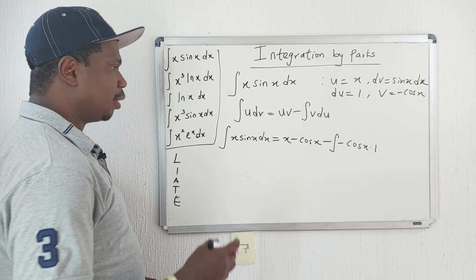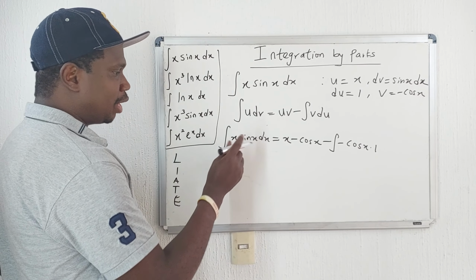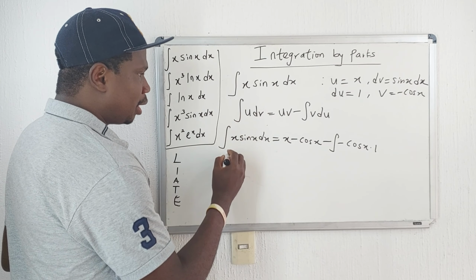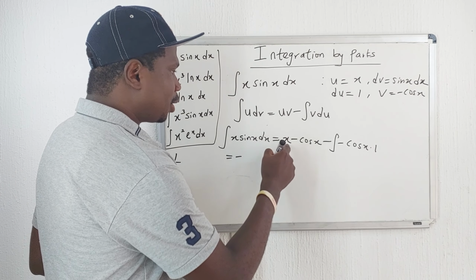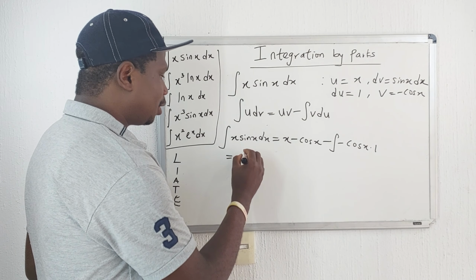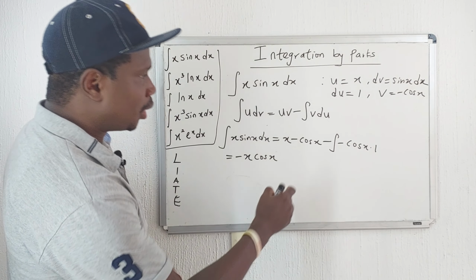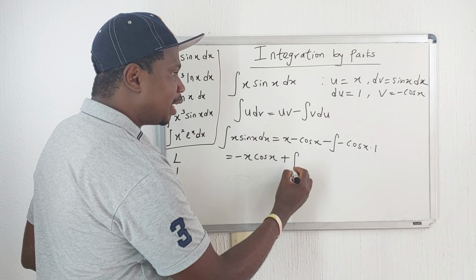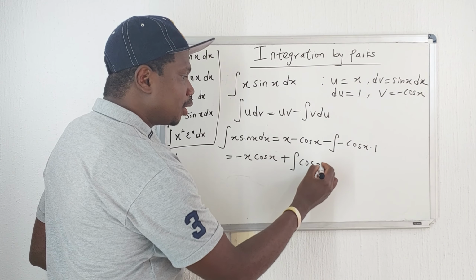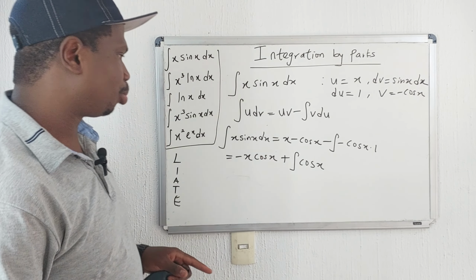Now, what do we do next? Simplify further. I can just abandon the left hand side for now and say this equals minus x cosine x, and minus times minus is plus the integral of cos x. So I'm going to integrate again.